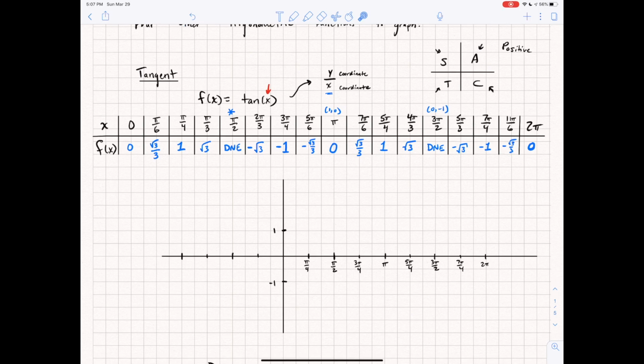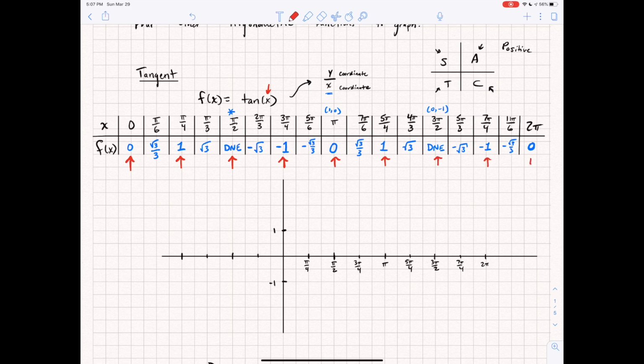All right, so what I want to do is plot this, essentially as a lazy man. The way I'm going to do this is by looking at my table. This is easy to graph, this is easy to graph, this is easy to graph.